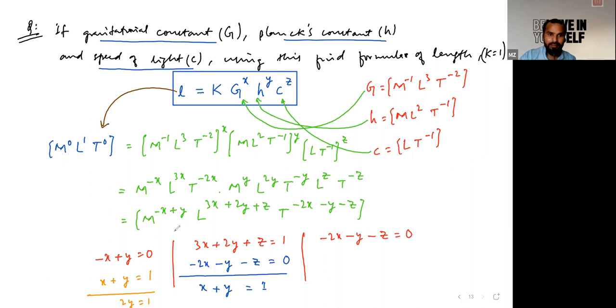So while comparing the exponent of M towards right hand side and left hand side, minus x plus y would be 0. Similarly, just see the exponent of length towards right hand side and left hand side. Similarly for time as well. Okay, Ishan? Good.